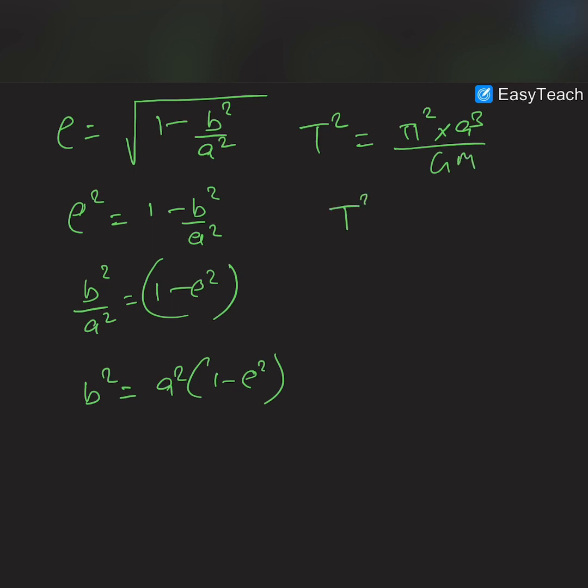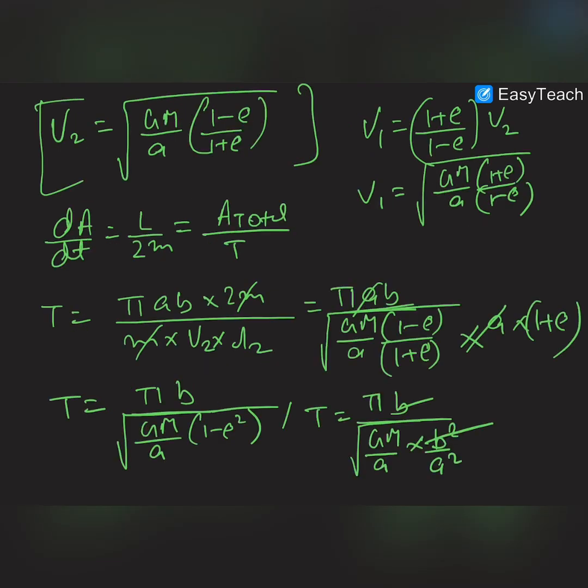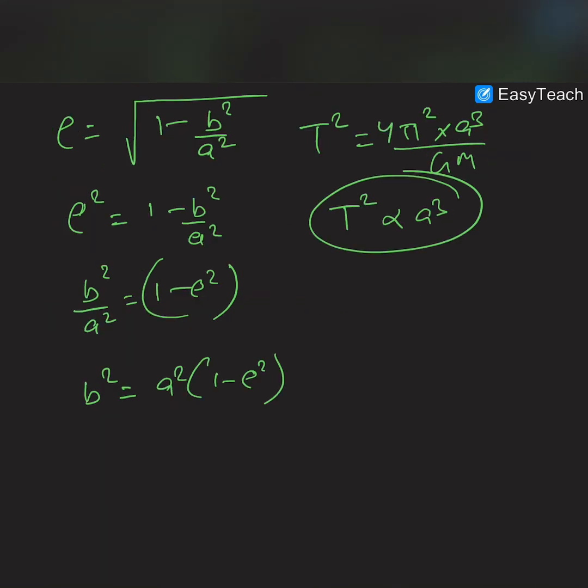So you can see that T square is proportional to a cube. And this 2 would also be there, so there is a 2, and here it would be a 4. So you can see that the square of time period is proportional to the cube of semi-major axis.